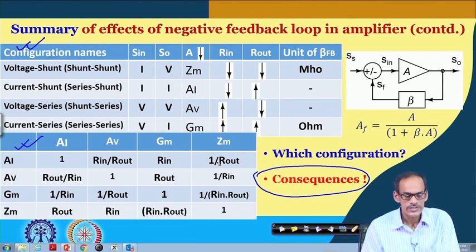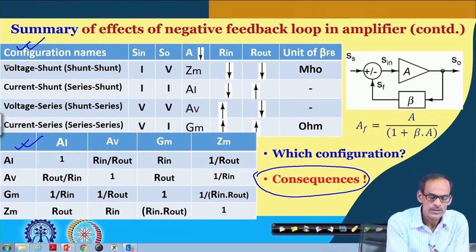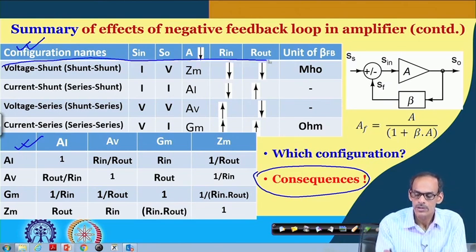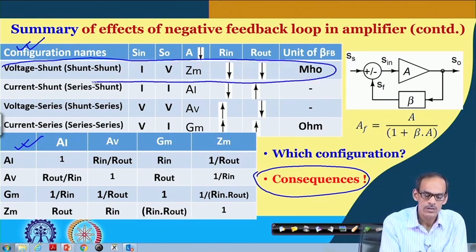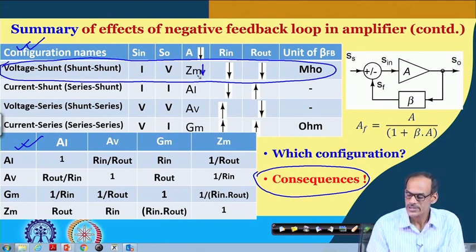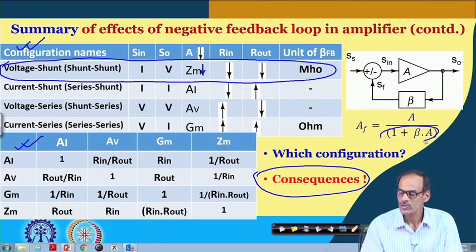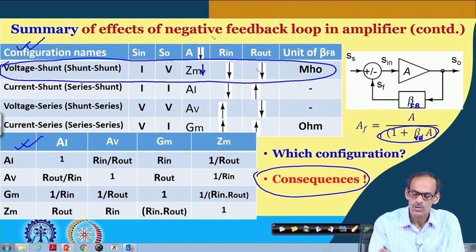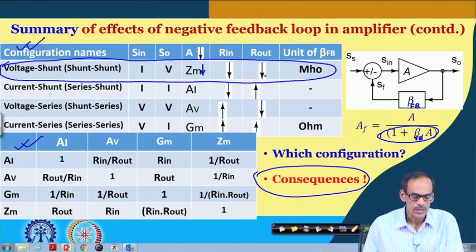So, say for instance, if I consider this configuration and I know that Zm got reduced by the desensitization factor, 1 plus beta into A, or whatever you say, beta FB into A, and Rin also is getting reduced by the same factor, same thing for the R out.